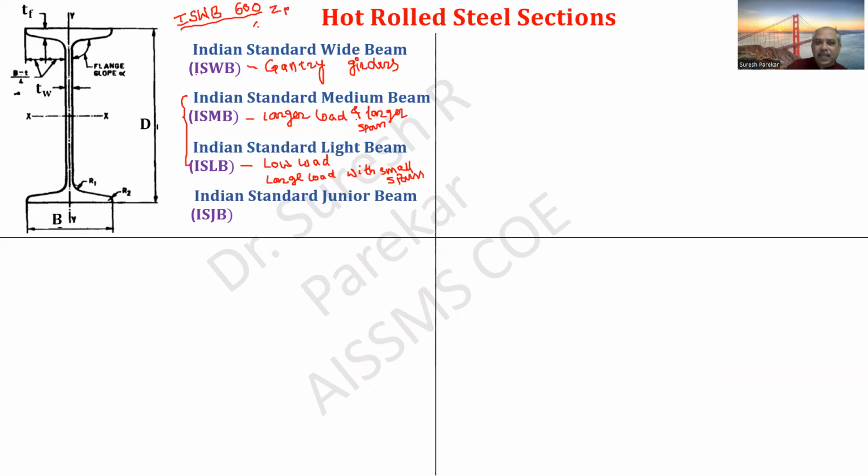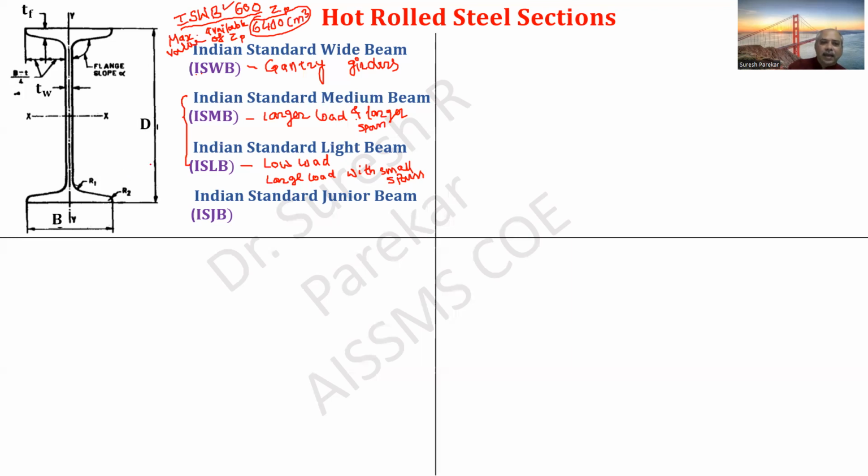I don't remember the exact value, but we have something like 6400 centimeter cube. Please check this value and keep in mind the maximum available value of ZP. That value is of ISWB 600.